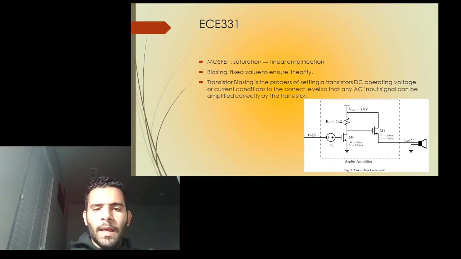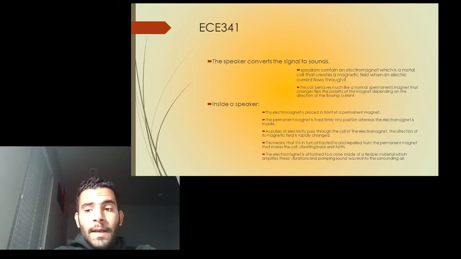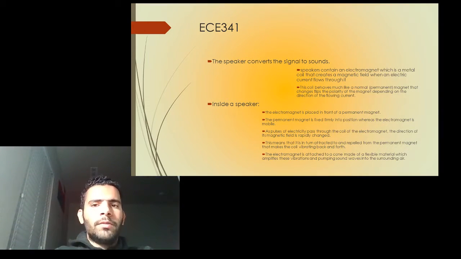Okay, so I think the party starts here when we start talking about the relationship between this device and ECE341, because the speaker converts the signal to sounds, and the principles which are used here are basically electrical fields and magnetics and all of this stuff.